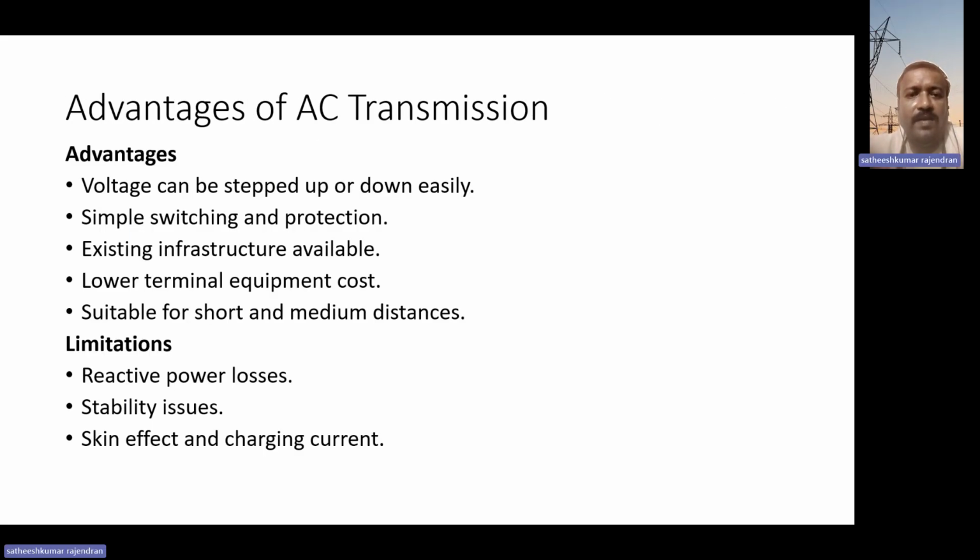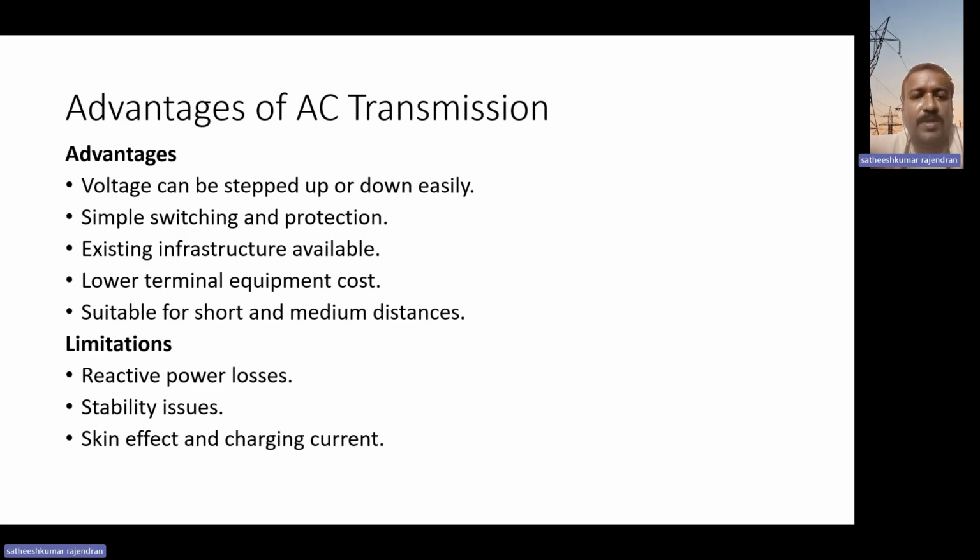Next, why are we choosing AC transmission? Based on its advantages: first, voltage can be stepped up or down easily with the help of a transformer. We have simple switching and protection operations. Then existing infrastructure is available, because everywhere we are using AC transmission. Then next one is lower terminal equipment cost, so the initial cost is low.